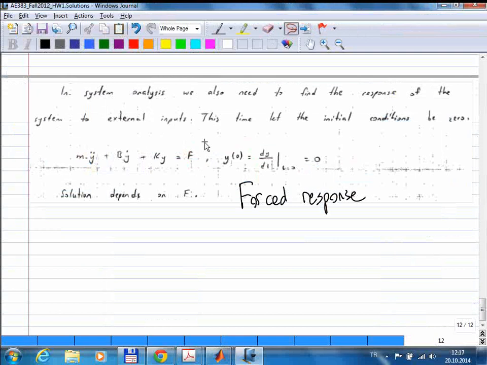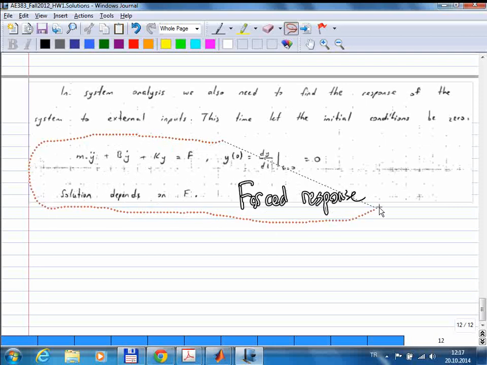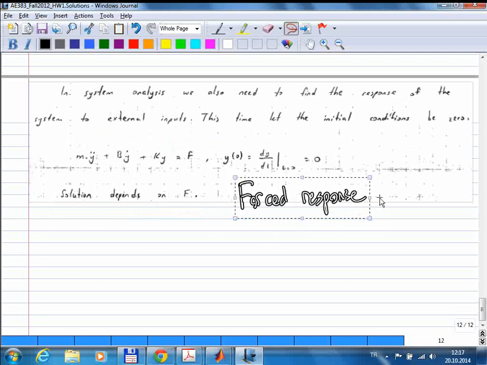So for every input you can think of, there is a solution, and that solution will be different if the input is different. And since you can have infinitely many choices for the input, there will be infinitely many solutions, one for each input you want to calculate the response for. So that's why calculating the forced response is not an easy thing.